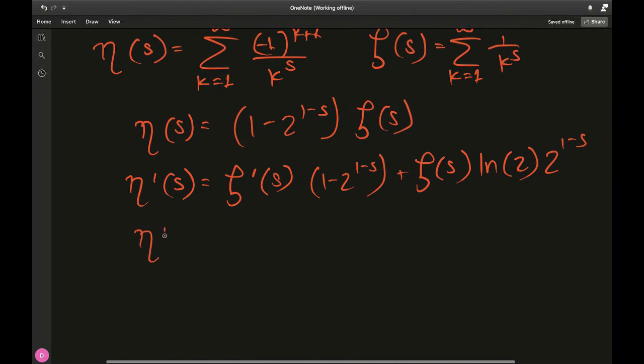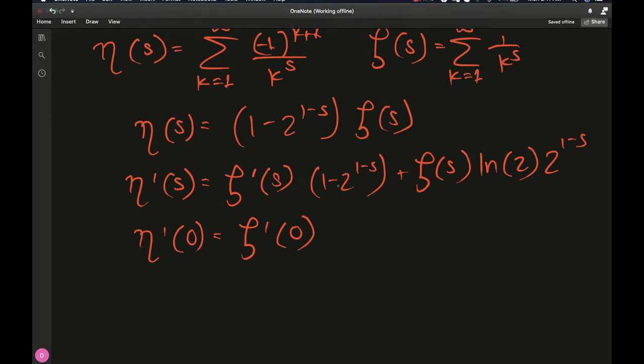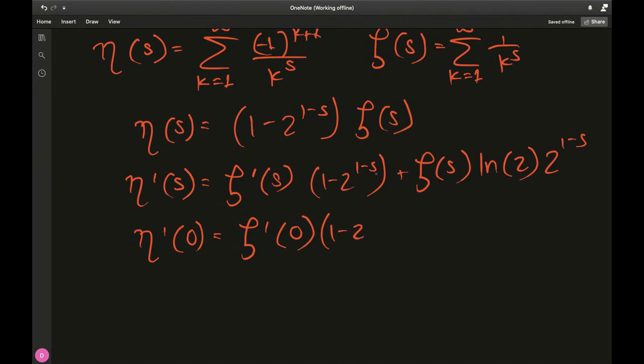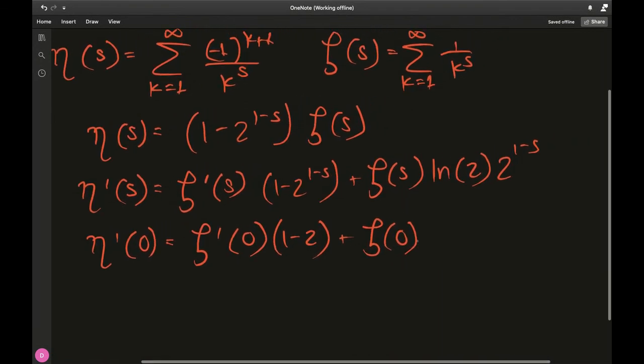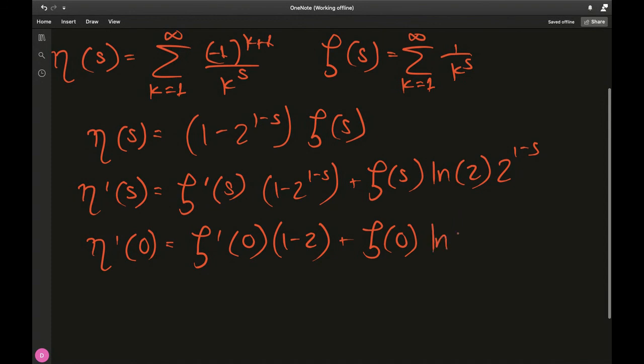Now plug in 0 for s. We have a Riemann zeta prime of 0 multiplied with 1 minus 2 to the 1 minus 0, which is 1, so just 1 minus 2, plus Riemann zeta of 0 multiplied with natural log of 2, and then 2 to the 1 minus 0 is just 2.